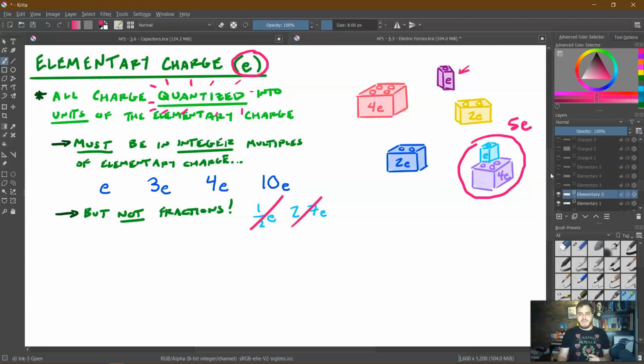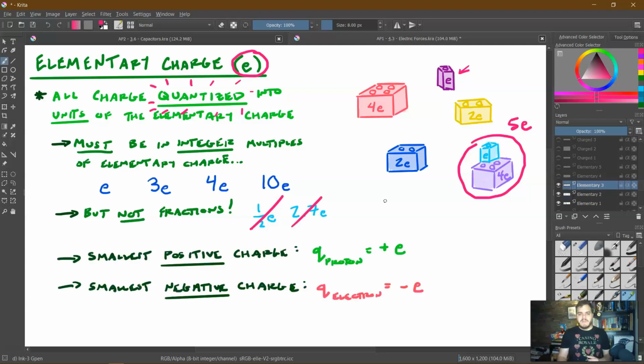Okay, so a couple other things here. First off, something that makes this a little easier to understand is if we think about the smallest, let's actually start with the negative. The smallest negative charge we can possess would be an electron. And an electron, as far as we know, cannot be divisible into any other pieces. We can't cut in half an electron.